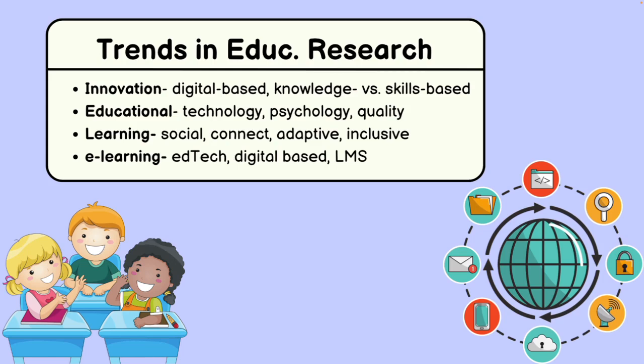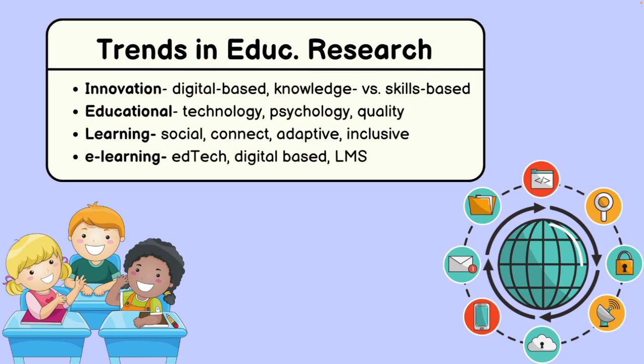Then, of course, technology, psychology, the quality of education across the globe is being considered and consulted and examined all the time. And traditionally, research has always been conducted on issues of the social aspects of learning, the various ways of adaptive learning, inclusive learning, connection, and what roles these play in the learning process.